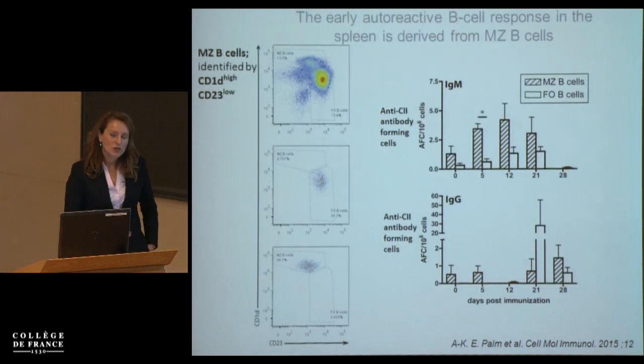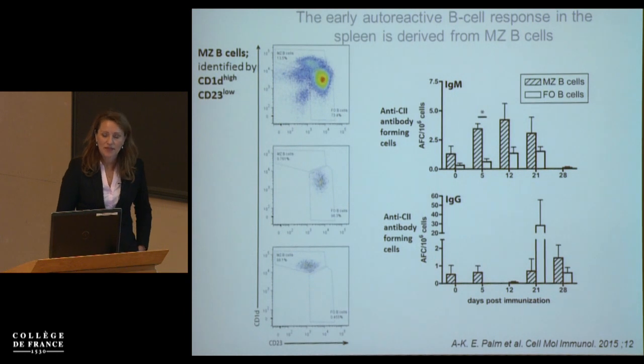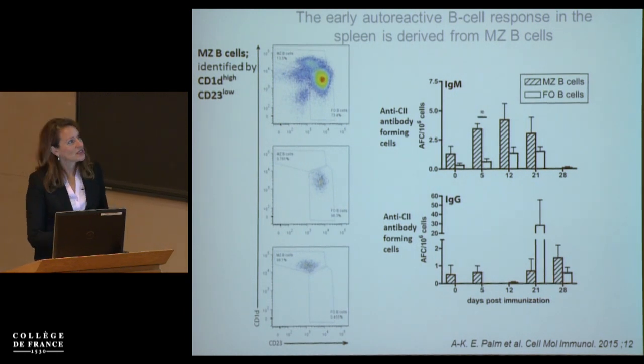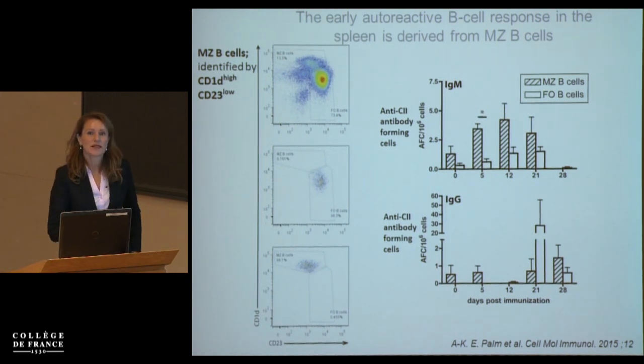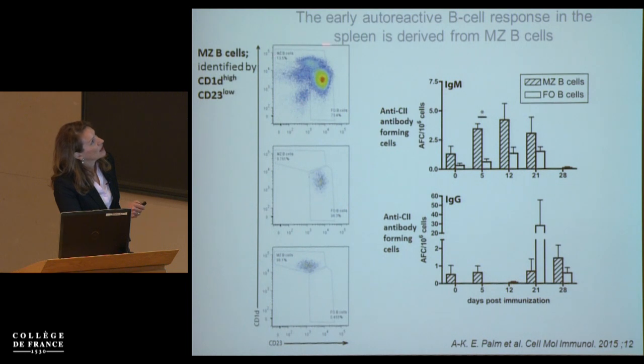Okay, then we wanted to know where this self-reactivity comes from. Because in the spleen you have both follicular B cells and marginal zone B cells. So we took the B cells and did a technique that we call flow cytometry and separated the cells via these markers.